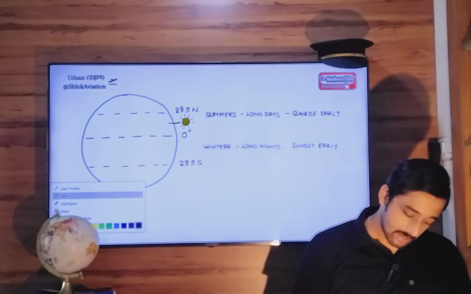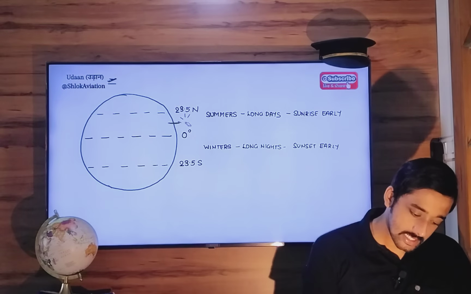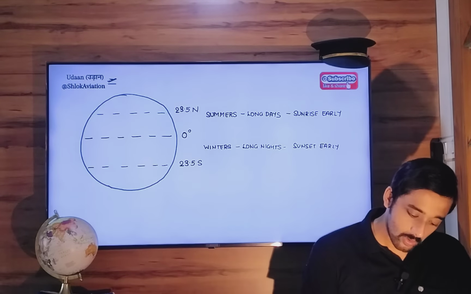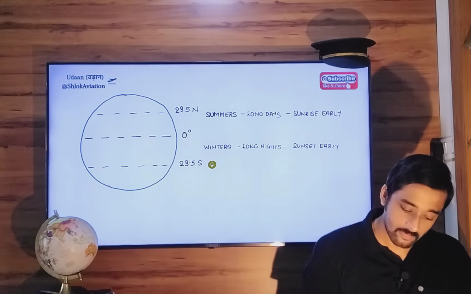So in the month of December, now I'm going to erase this. Okay, in the month of December, we have the sun situated on the Tropic of Capricorn.